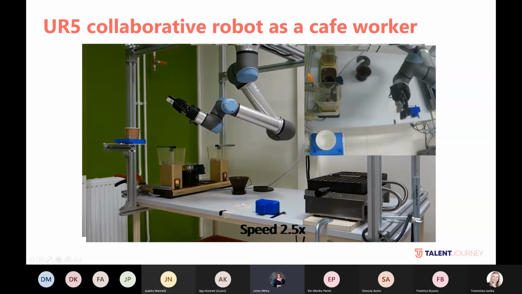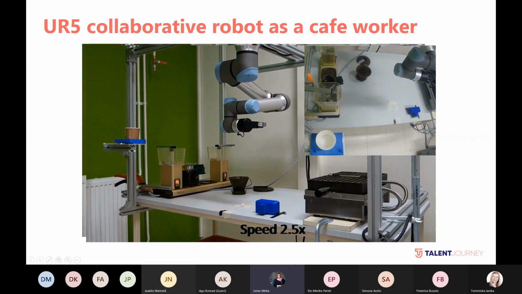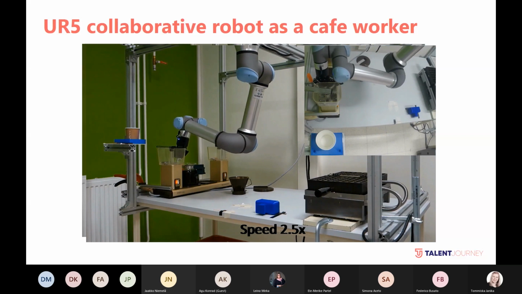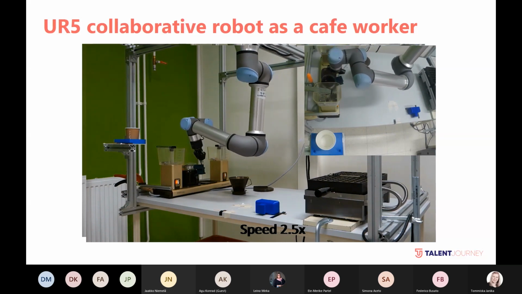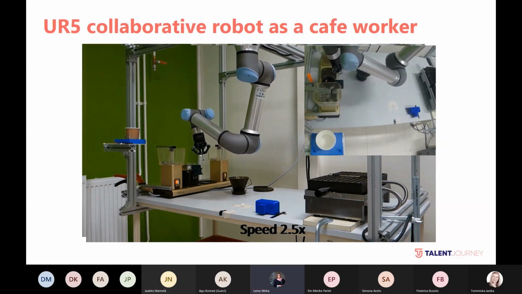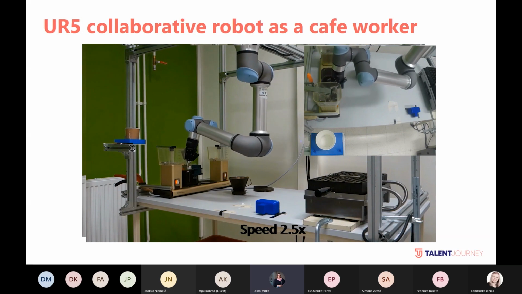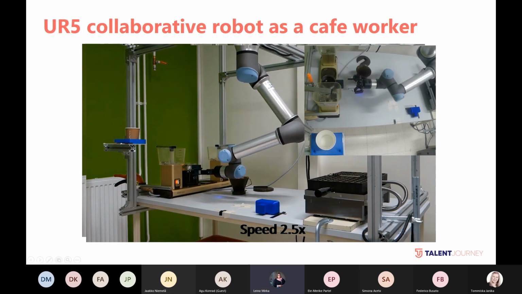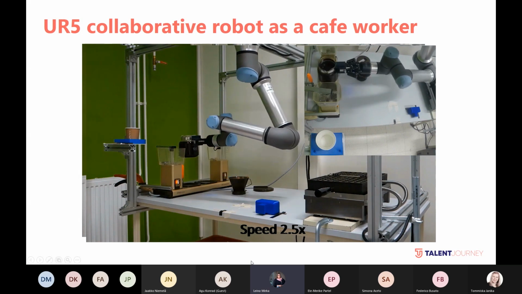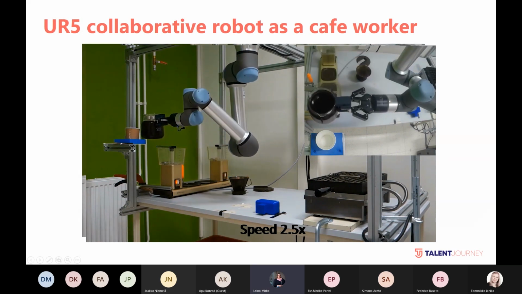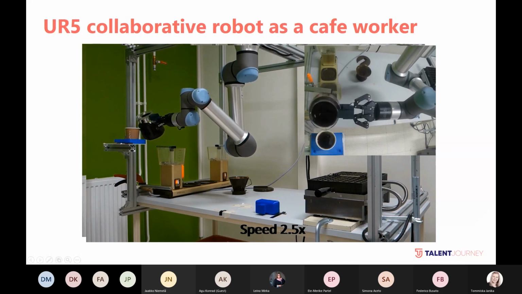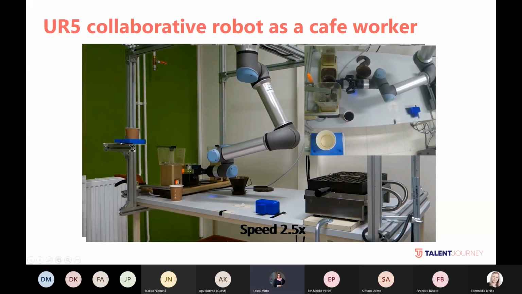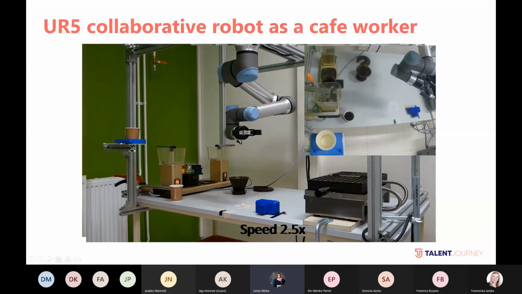And then the robot is programmed so that now it turns the pot in the right direction, and then it takes the pot and pours the coffee so that for each cup, it turns the pot a little more.